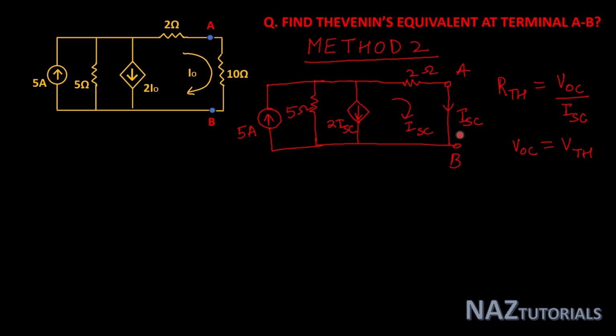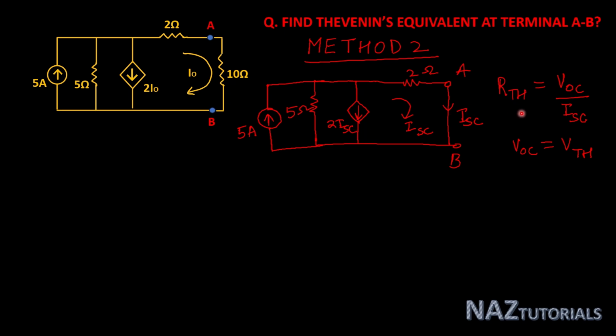According to this current value, our circuit parameters will be like this. This is loop current become I short circuit and dependent source current become 2 times I short circuit.